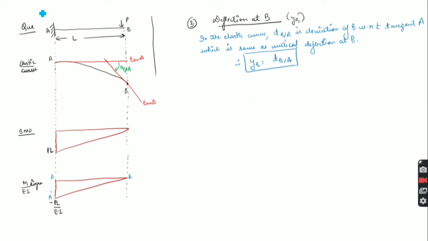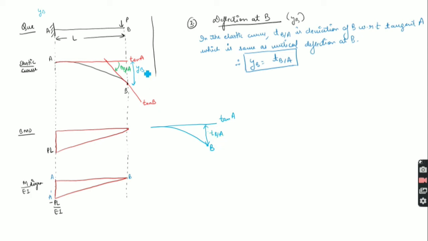This is my elastic curve, this is point B, and this is the tangent at A. Now what is this distance called? This distance is called TBA because this is the vertical deviation of B from tangent A. So this is represented as TBA.